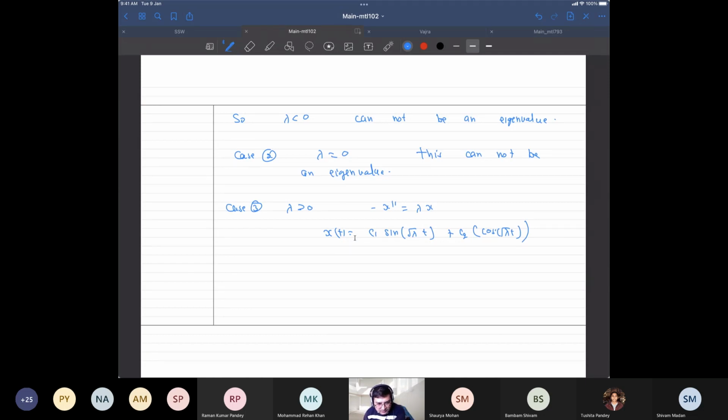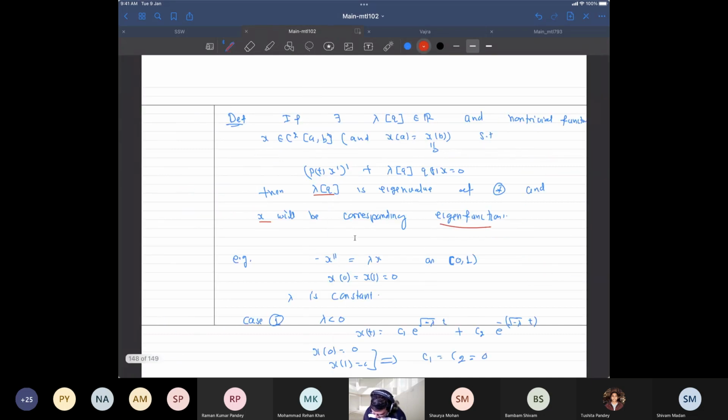Now, if you put x(0) is equal to 0, you get C2 equal to 0. So that means the solution is C1 sine. And similarly when you put x(1) is equal to 0, this will imply that C1 is equal to 0. But note that this is not the only option.